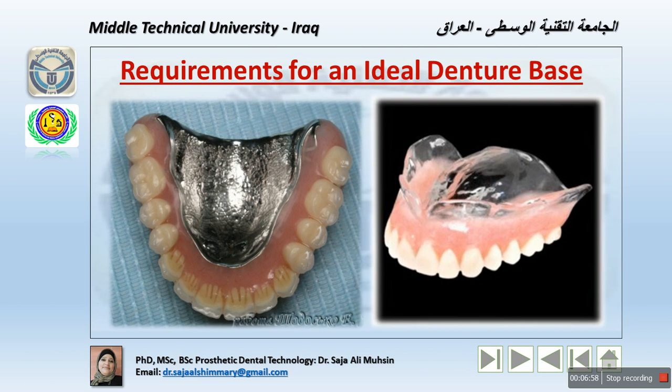Now, with the old materials and the new materials providing better properties, probably the relining or rebasing procedure may be limited in the future because of the properties of such a material.